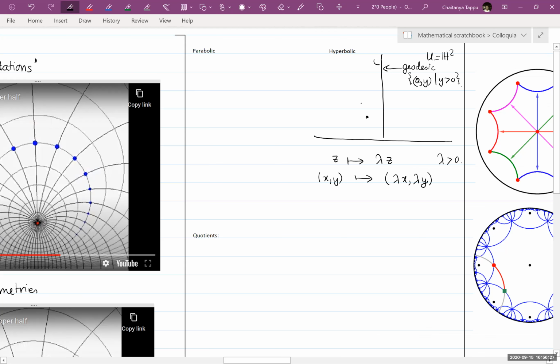So a point would get mapped to something collinear with the origin. And this geodesic is called the axis of the hyperbolic isometry.